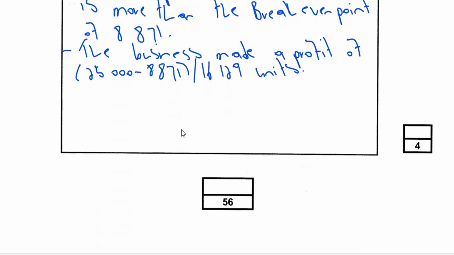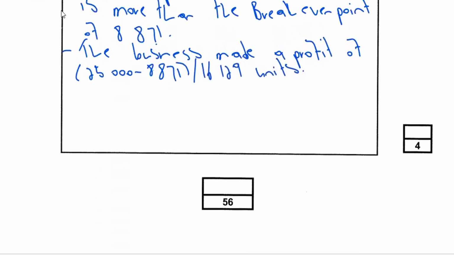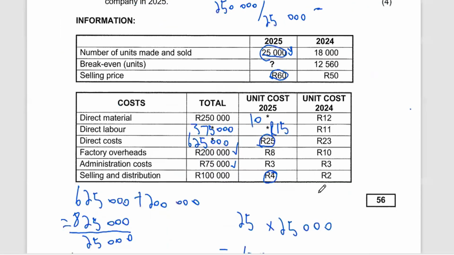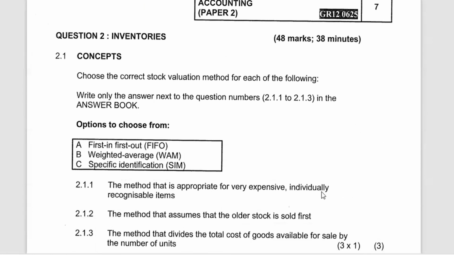So now we can move. We are done with our question 1. We can move to question 2. So question 2, we have inventories. 2.1, choose the correct stock valuation method for each of the following. Write only the answer next to the question numbers 2.1.1 to 2.1.3 in the answer book.